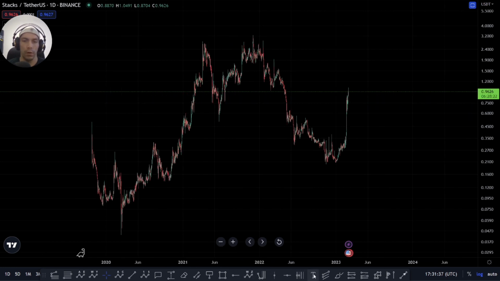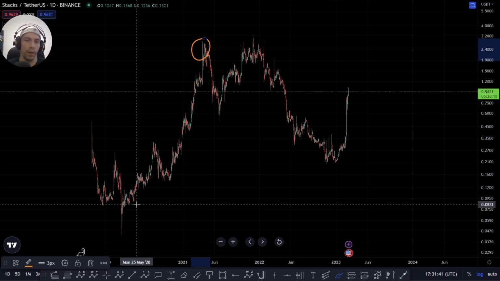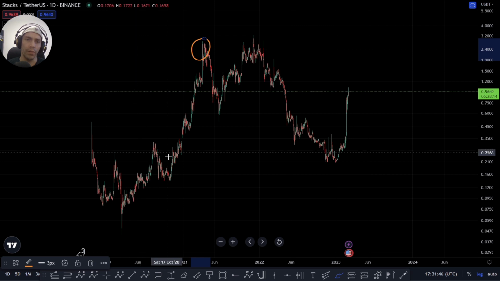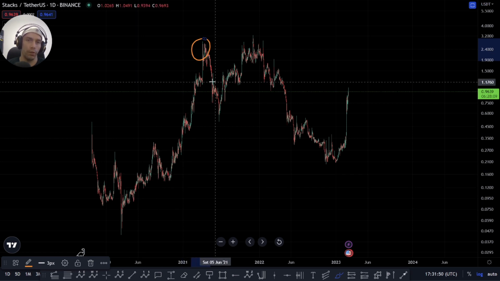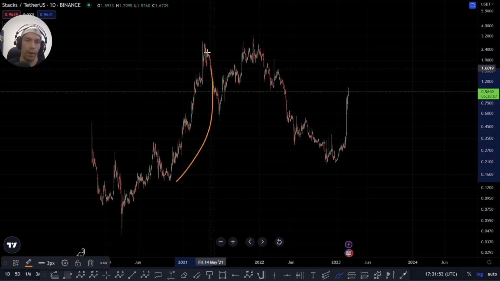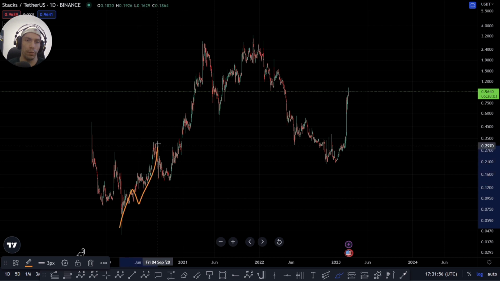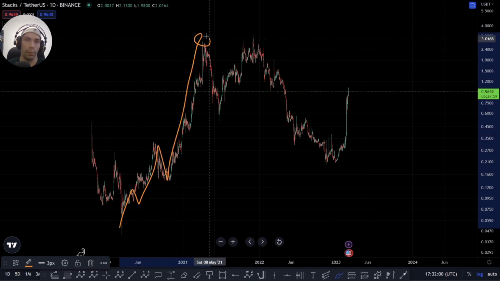We can also argue that potentially we could complete into this high, and if we look at it into there, there isn't really great structure for an impulse unless we had an extension within the fifth wave, and all of this is the fifth. So what we'd be looking for then is potentially a 1, 2, 3, 4, and then all of this becomes a fifth wave to the upside.